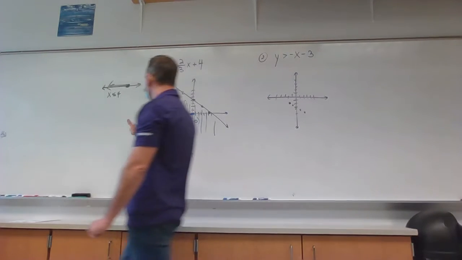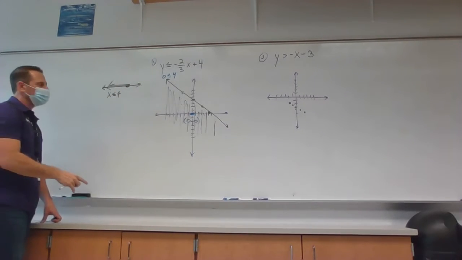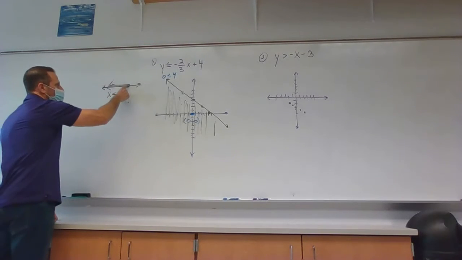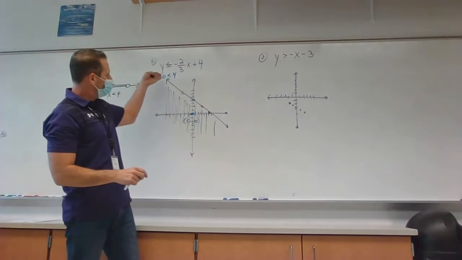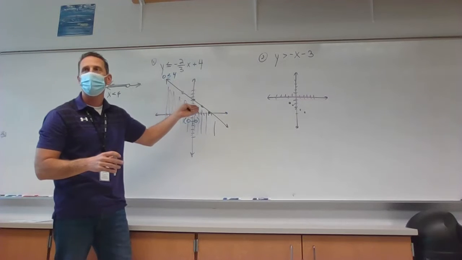Now here's the problem. Remember over here, I had a bar underneath it, so we filled that in. What happens if there's no bar under it? Then you don't fill it in. Well, that's the same thing that's going to happen here. But see how our line was a solid line? That's basically like the line is filled in.